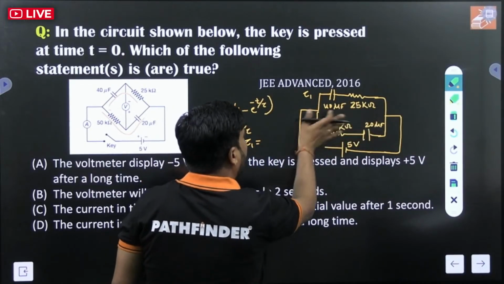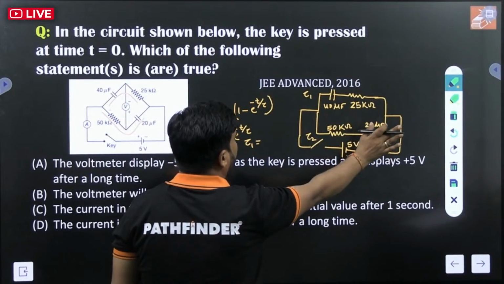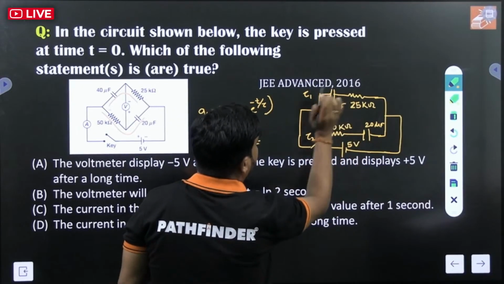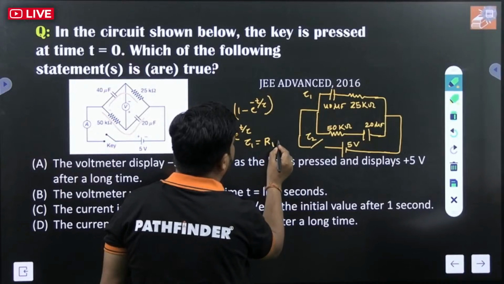ऊपर वाले को देखो, नीचे वाले को एकदम भूल जाओ। तो बैटरी को शॉर्ट करना है, इसको निकालना है, क्या ये R1C1 आ जाएगा?